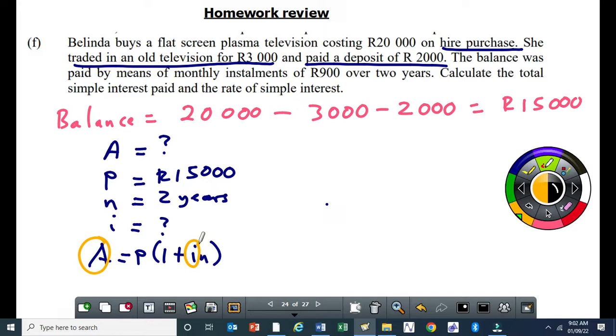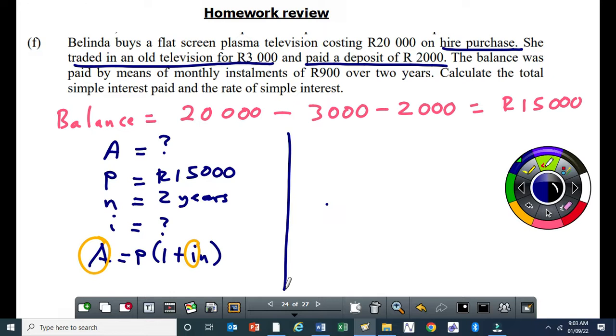Sometimes questions on financial maths require you to use common sense. We don't know A, we don't know I, but based on the information here, we can calculate it. So let's calculate this future value.